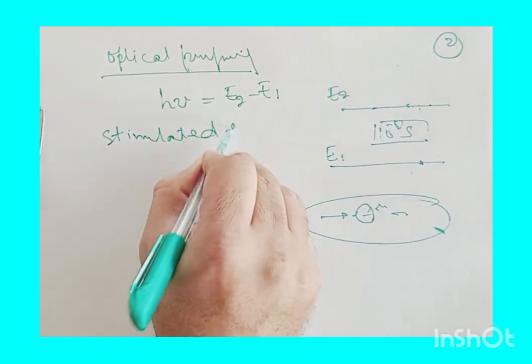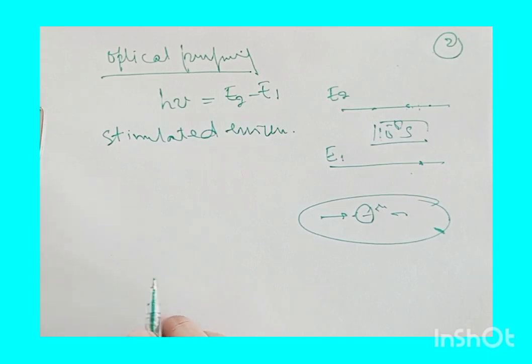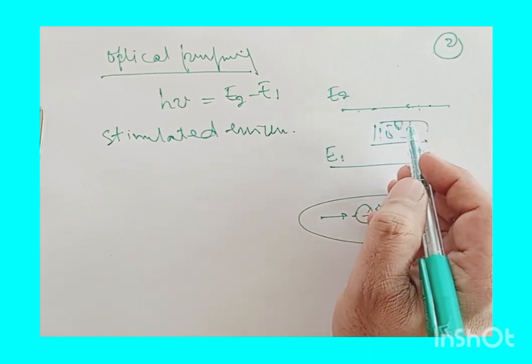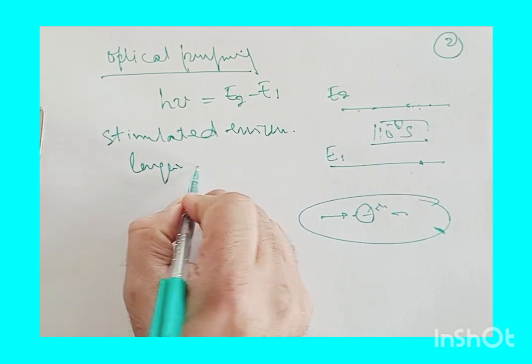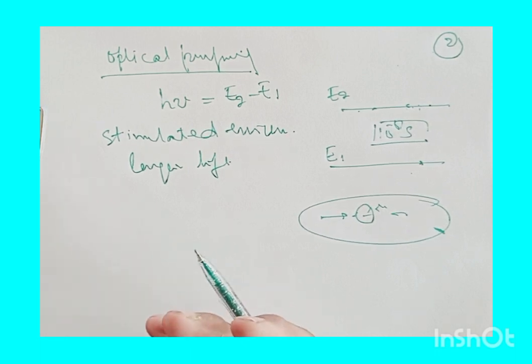If we have to go for stimulated emission of radiation, the atoms in the higher excited states should stay there with a longer life. That's the fundamental requirement of the system.